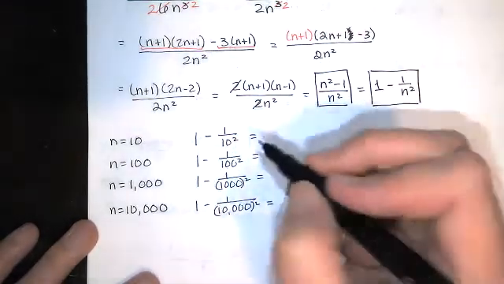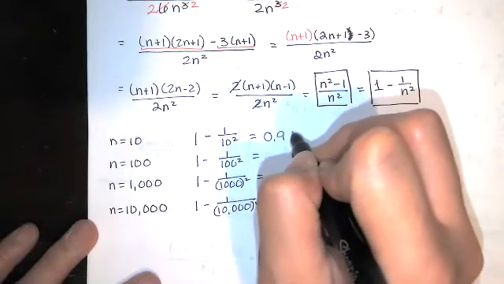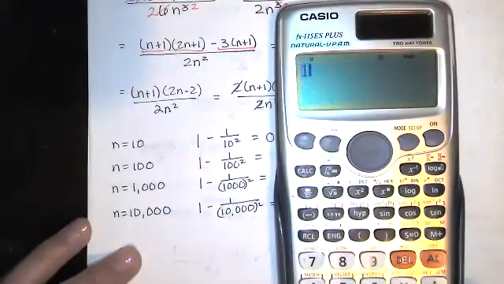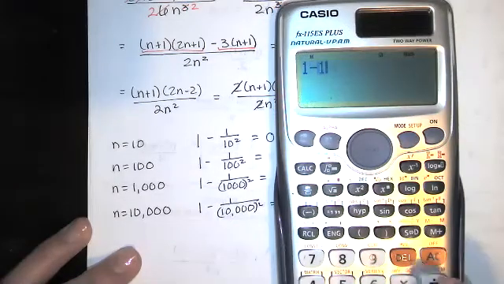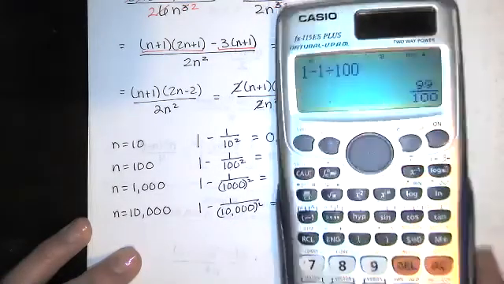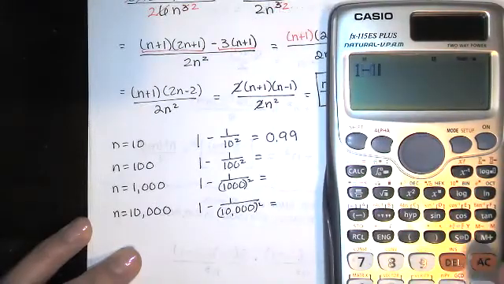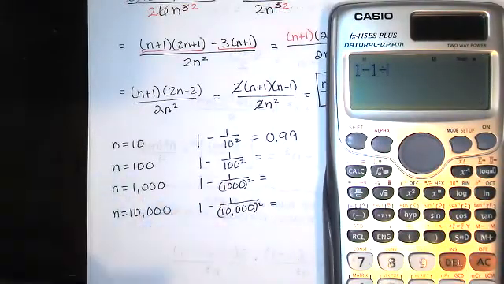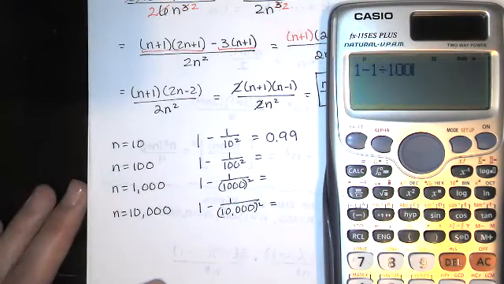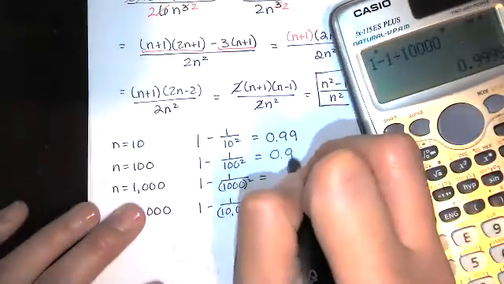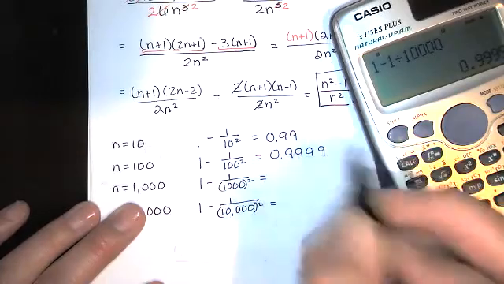Well, 1 minus 1/100th is 0.99, we know that. So I get 99 over 100. And then I'll have 1 minus 1 over 100 squared. So that's 4 zeros. So 0.9999.